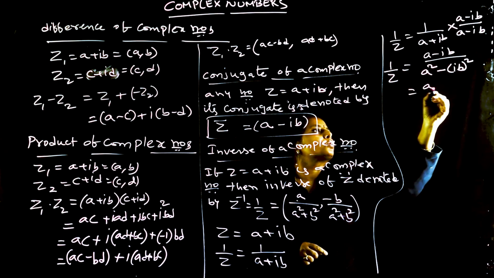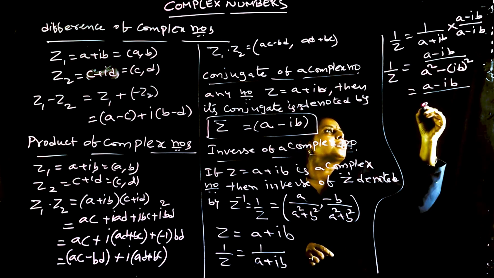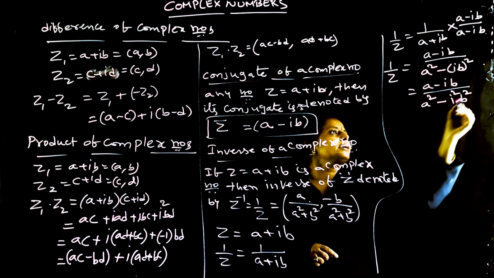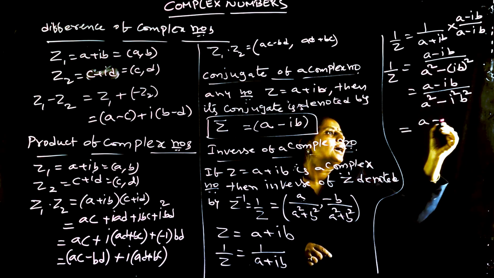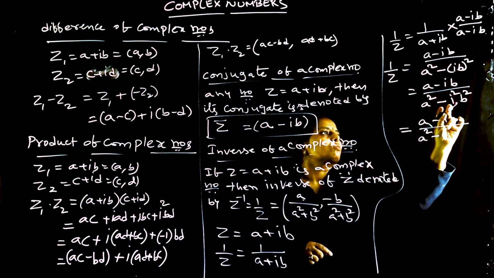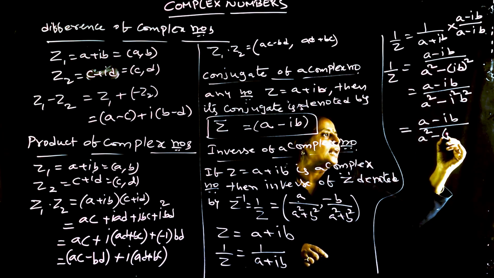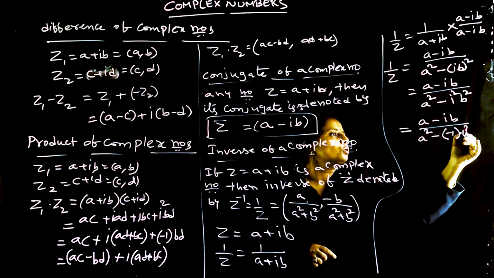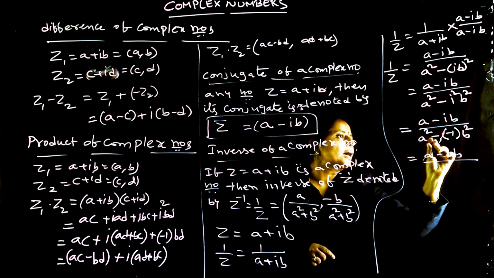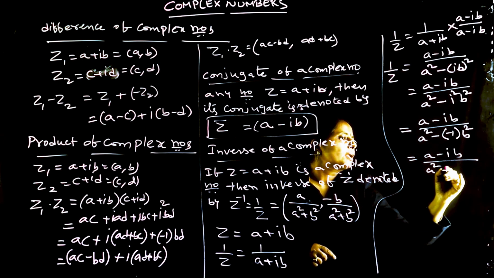So, which is equal to a minus ib divided by a square minus I square b square. So, which is again a minus ib divided by a square minus, we know very well that I square value is minus 1 into b square. So, it is a minus ib divided by minus into minus will become plus.